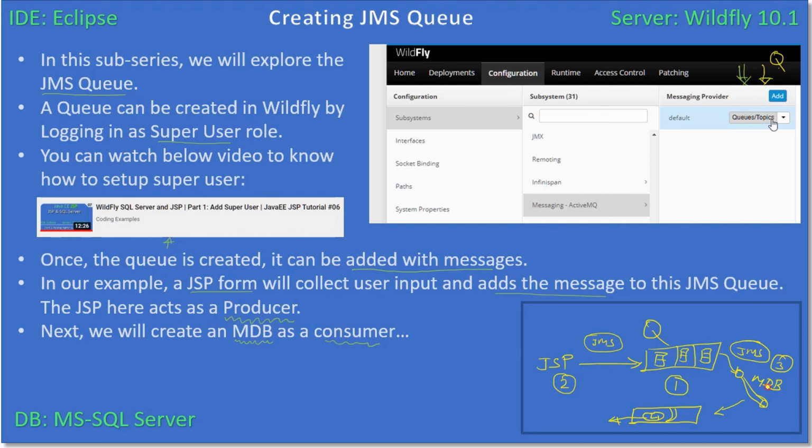Similarly, the message will get delivered to the MDB using the same JMS APIs, and this MDB will contact the stateless session bean to access the long running task. This we saw in detail in the previous video, but what we want to bring here is the queue. That's what we are creating. So here queue plays the role right in the middle. That's what we are going to create in this video.